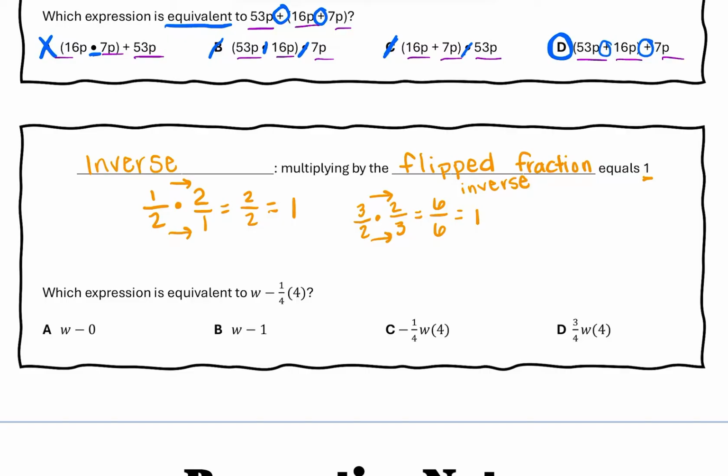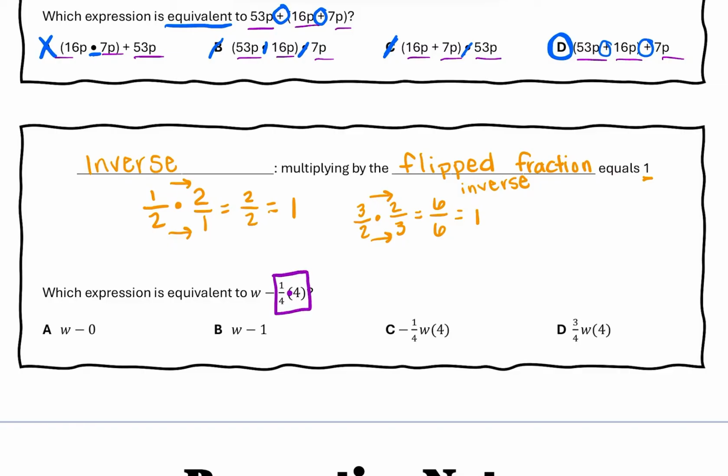So how this would actually be seen on the STAAR. Which expression is equivalent to this right here? I have subtracting, and then what's happening between that fraction and that number? That is multiplying, so I would have to multiply first.